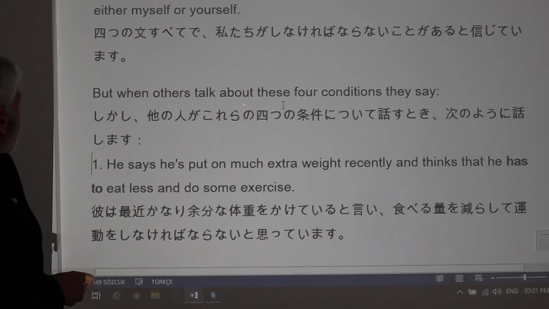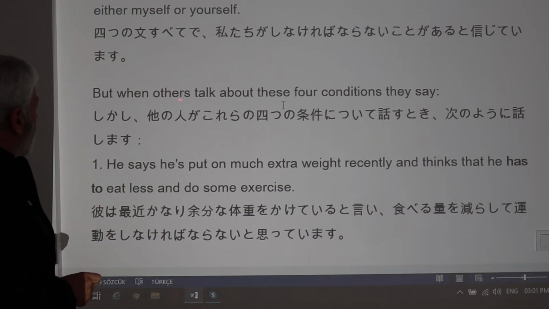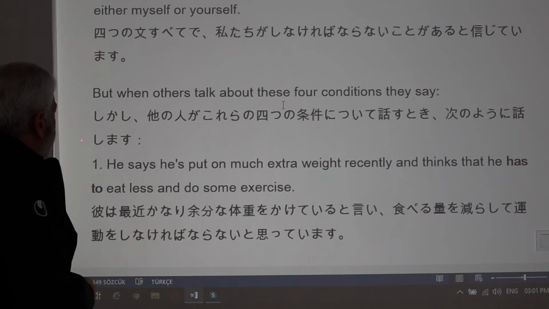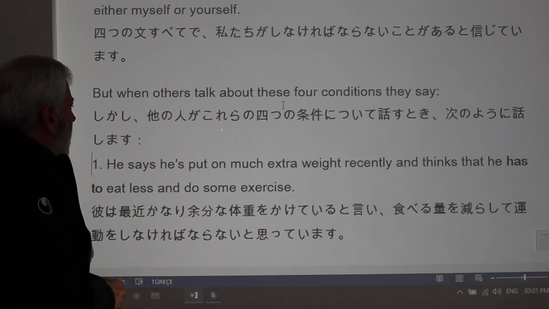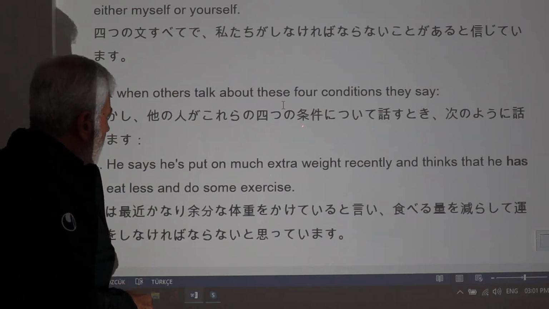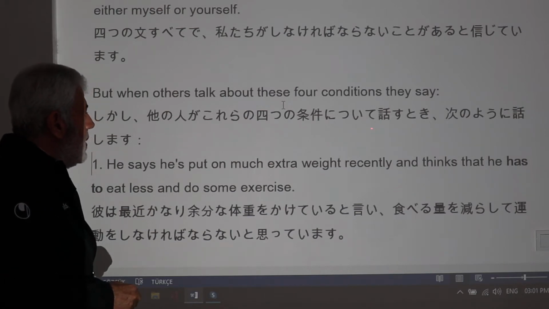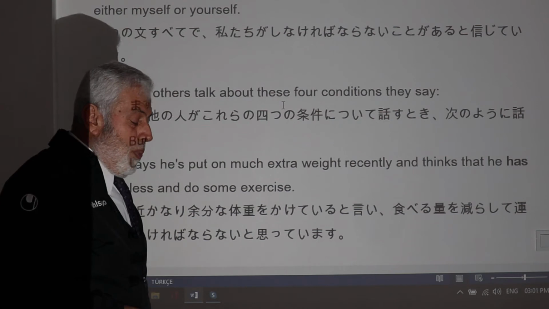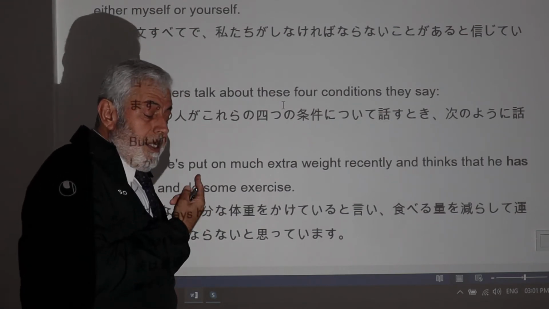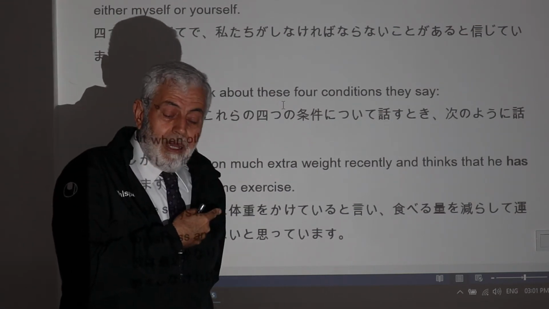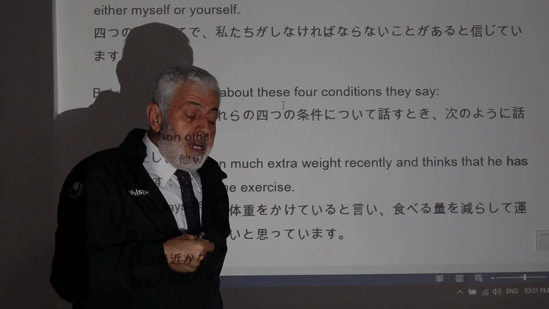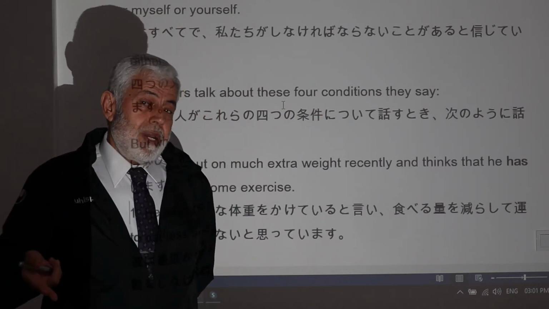But when others talk about these four conditions, they say differently. しかし、他の人がこれらの4つの条件について話すと、次のように話します。1番目の場合は、I must eat less and do some exercise.